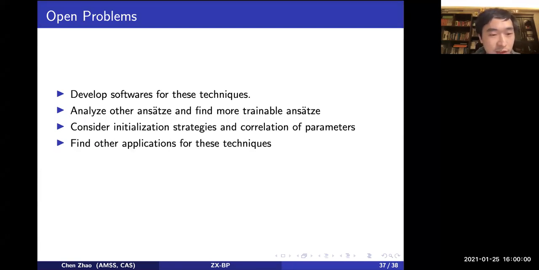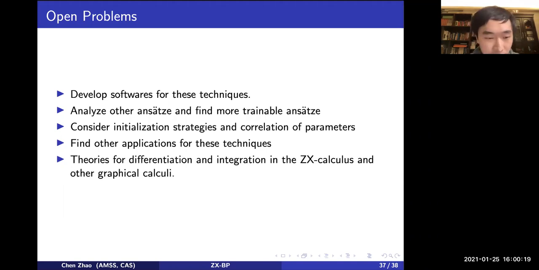And can we find other applications for these techniques? For example, for other problems where the integration over random unitaries is needed. And is there any general theory for the differentiation and integration in the ZX calculus or other graphical calculus?